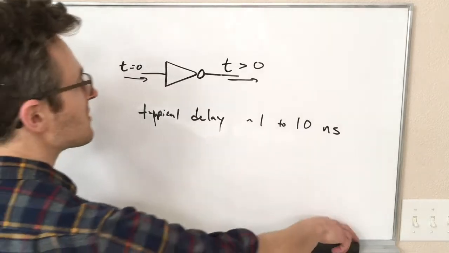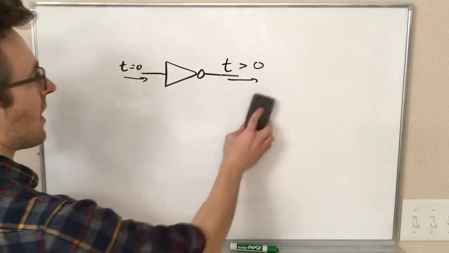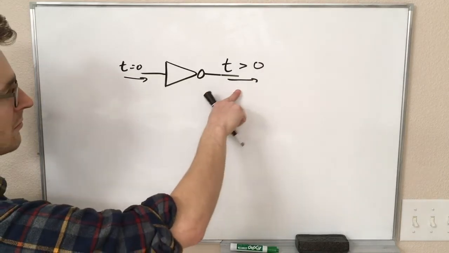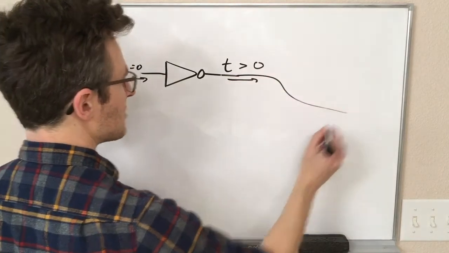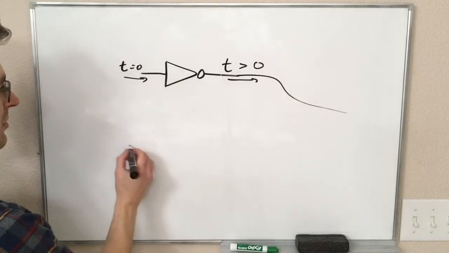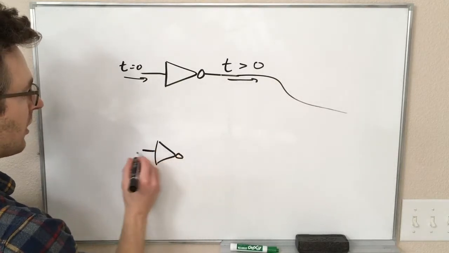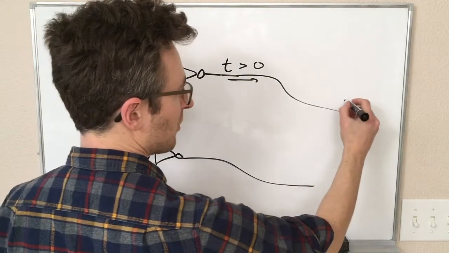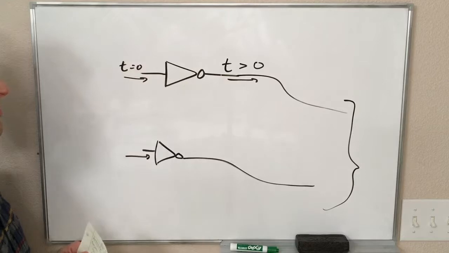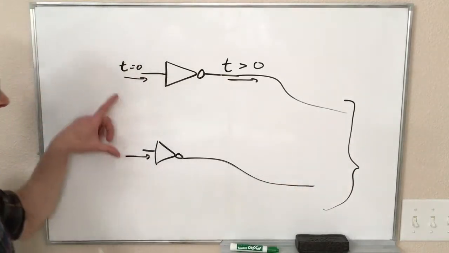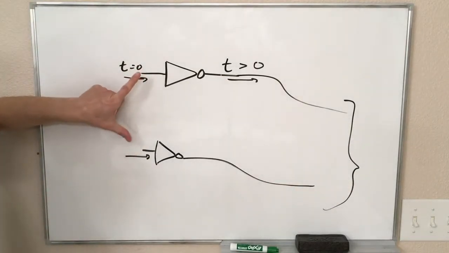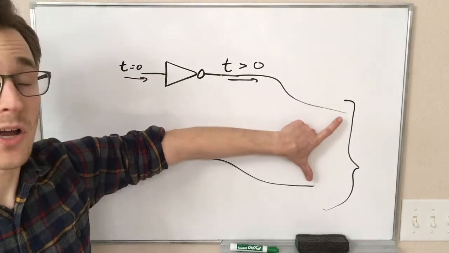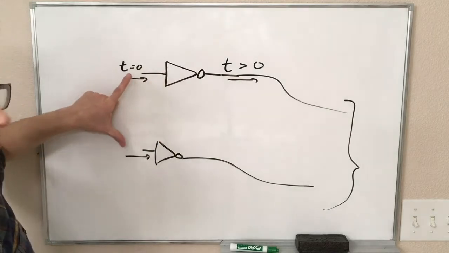So the sorts of things that matter here are like, let's say I have a signal that goes into this gate and comes out, and then I send this somewhere else. And let's say I have this happen another place also, right? I'm sending some different signal to this, and that's going somewhere over here. And these are both going into the same system. So if I change both of these at exactly the same time, these are not going to just change at the same time as these inputs.